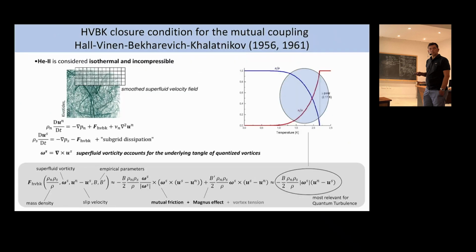In the original HVBK equation, there is what is called the vortex tension term, which is the omega s unit vector crossed with the curl of omega s. Do you expect this term to be significant in the context of quantum turbulence? Well, we made a paper together and we ignored this term, right?